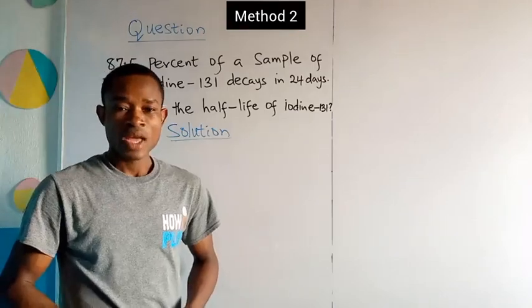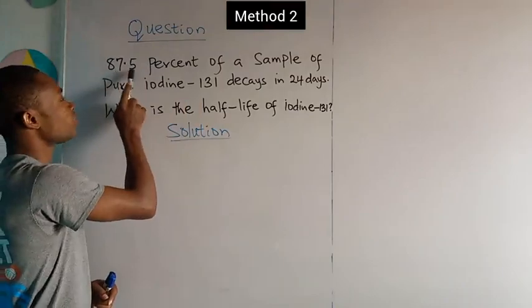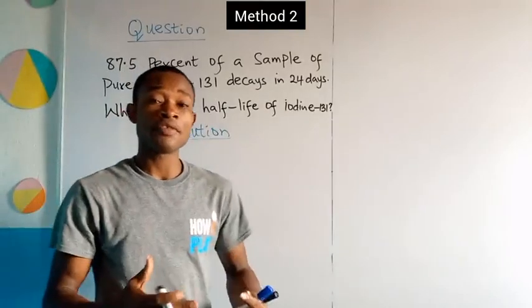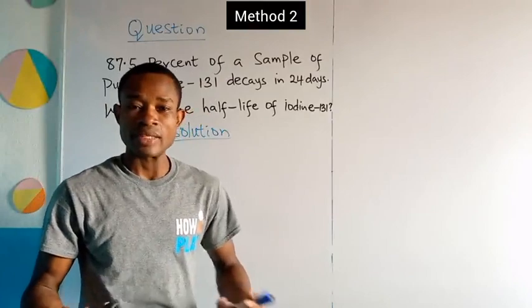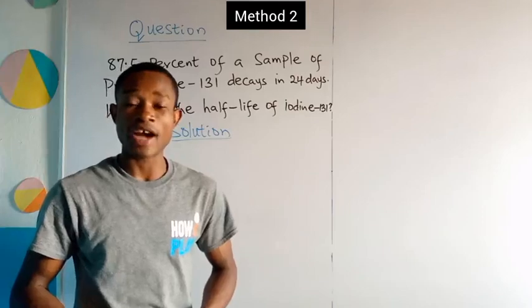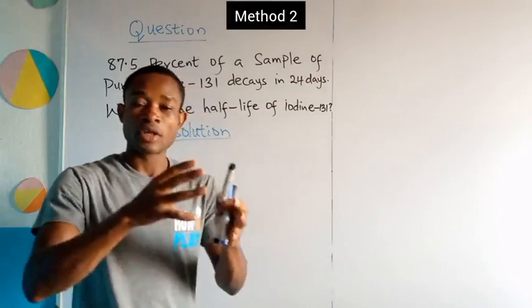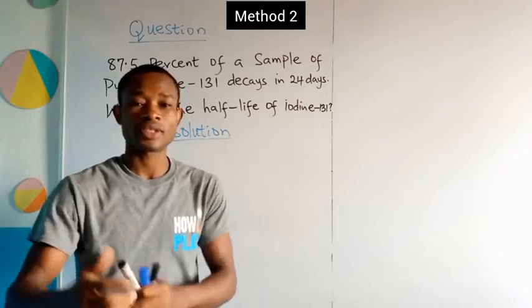Having said this, we know that the fraction decayed is 87.5. Out of 100, I am telling you that 87.5% has decayed. You can get the fraction left by simply doing 100 minus 87.5. Don't forget, percentage decayed plus percentage that will be left or remaining will be equal to 100.